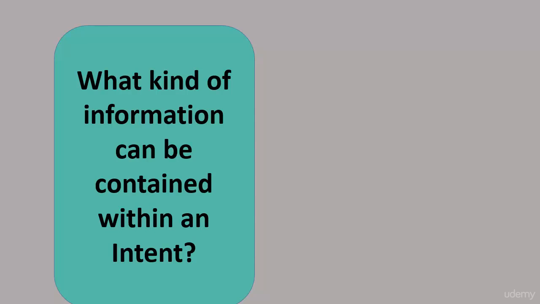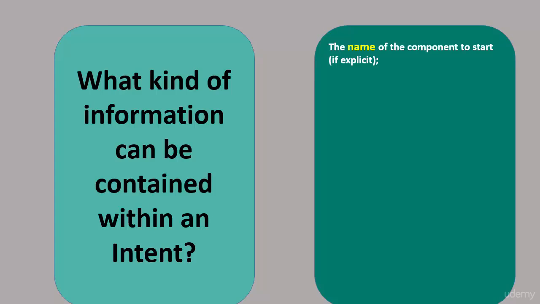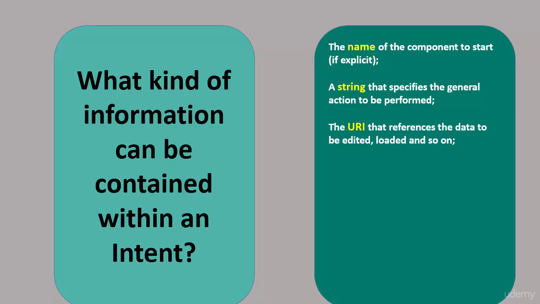Another question: what kind of information can be contained within an intent? There are various types of information that can be stored within an intent. For example, the name of the component to start. This is in the case we speak about explicit intents. We may store a string that specifies the general action to be performed, or the URI that references the data to be edited, loaded, or so on.